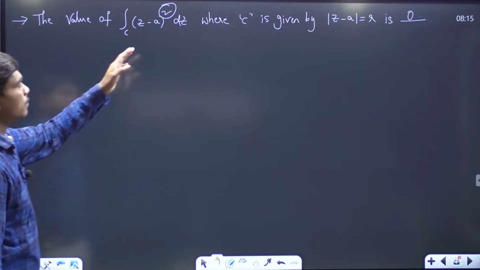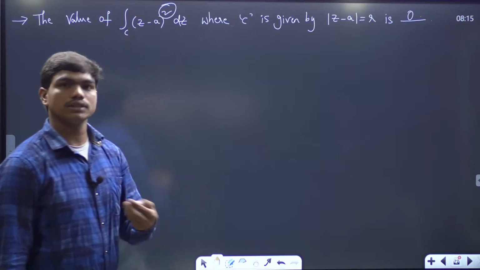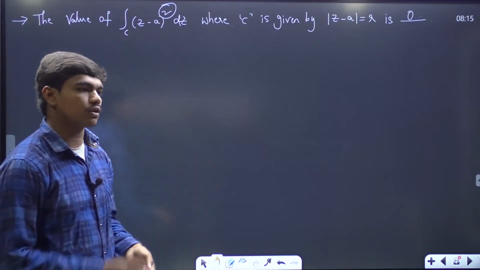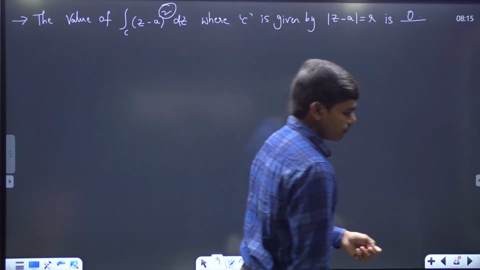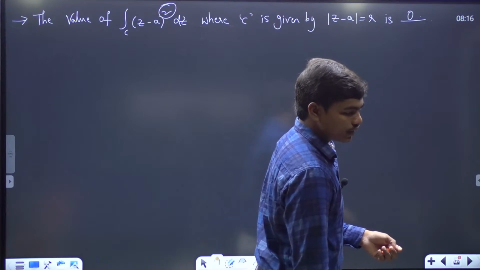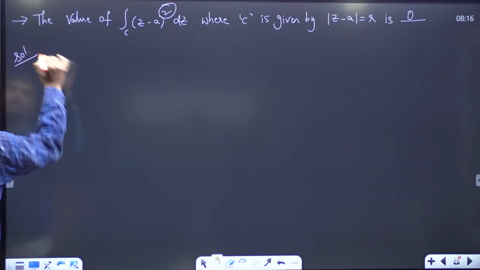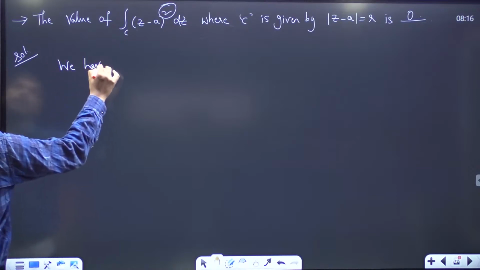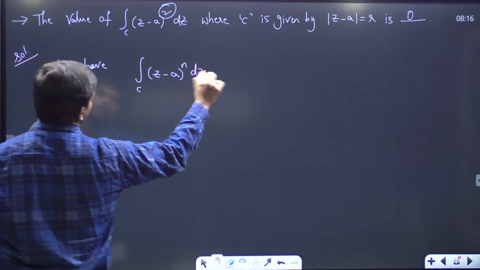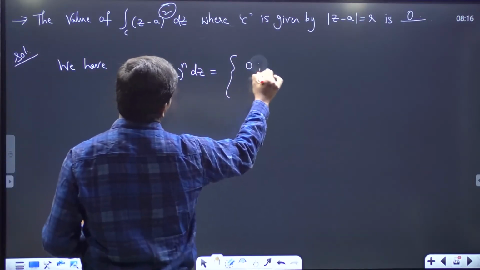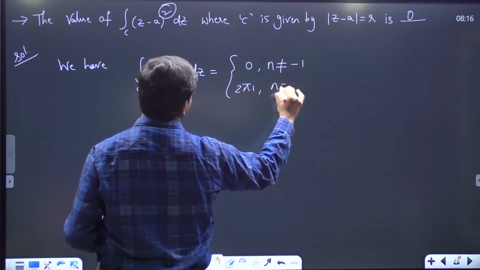Actually, by looking at this function, you can tell this. How? Because there is something called Cauchy's integral theorem, and we'll learn what that is in a short time. Okay, you can write if you want. We have the solution if you want to write. I would like to repeat. We have the integral over C of (z minus a) whole power n dz is equal to 0 for n not equal to -1, and 2 pi i for n equal to -1.